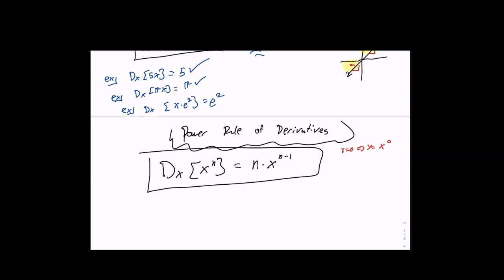A constant is the same thing as x to the 0. So if you were to utilize the power rule, y prime, the derivative, I get 0 times x to the negative 1, which is just 0. And if I had x to the 1, then the derivative of x to the 1 would be 1 times x to the 0, which would be 1.